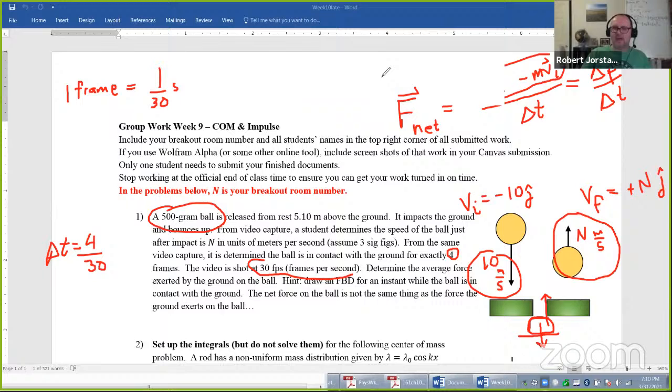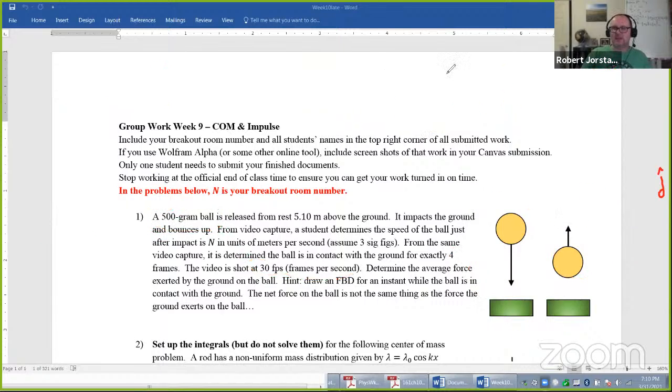Now, after all of that, you got the net force. How do you do this? Well, net force is m times acceleration. When the ball hits the ground, it's actually got a normal force up in the J hat minus mg down in the J hat. So how do you get the normal force?